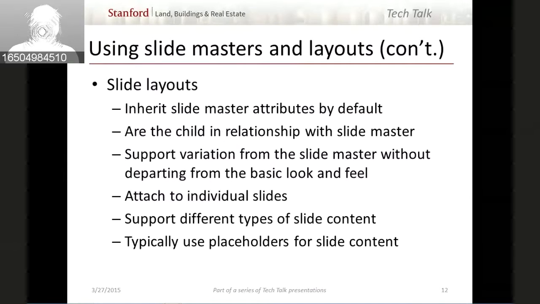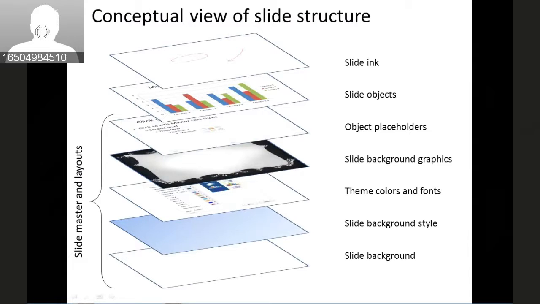And the layouts support different types of content and typically use placeholders. Now we'll see what all that means in a minute. It's not a perfect representation of reality, but it's conceptually very close. This is what a PowerPoint slide has, whether you know it has it or not. There's a slide background. In this case, I just have a white background on this slideshow.